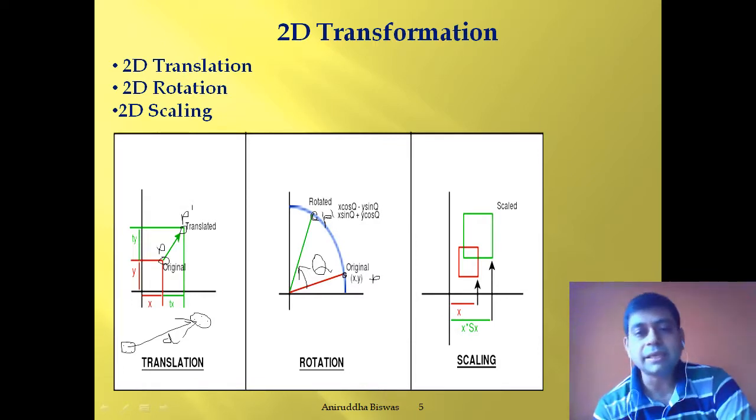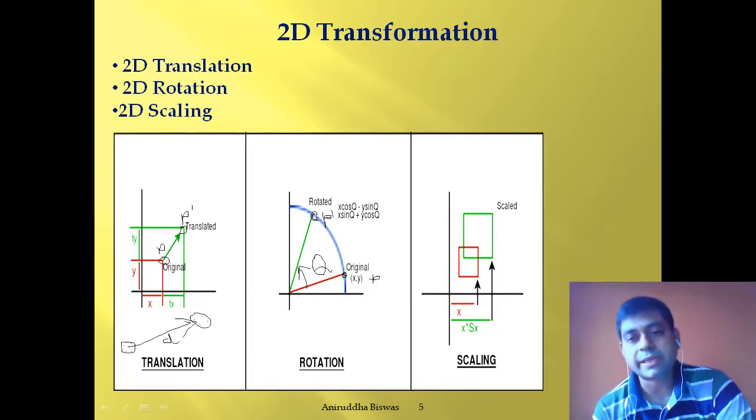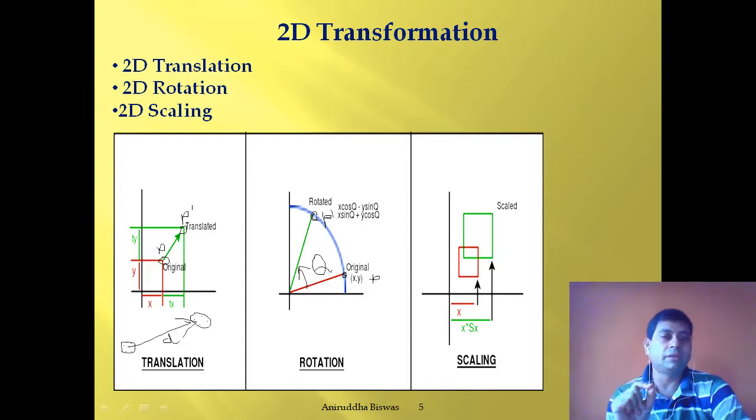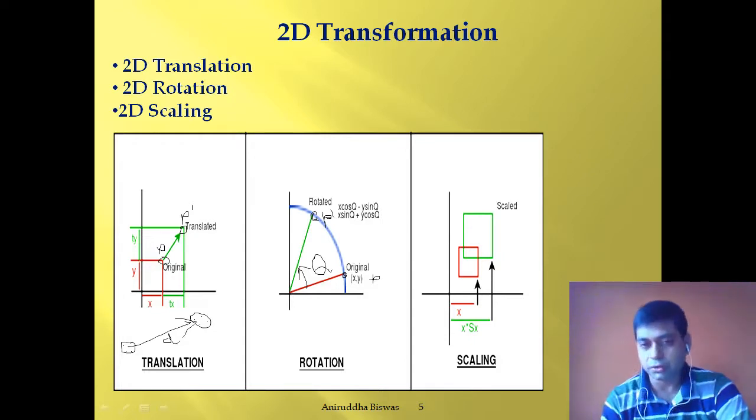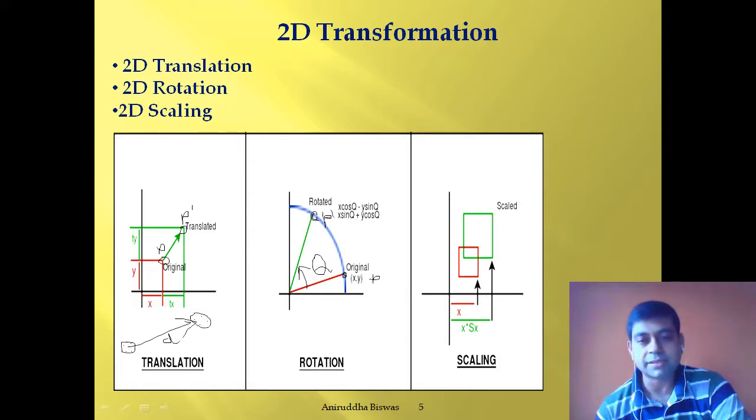And scaling is the change in size, and the change in size could be like initially it was x, right? And after scaling up, that same point is located at some different location. So there will be a scaling factor, and we consider it as sx. So x into sx will give us the scaled up or scaled down final point position or coordinate, right?